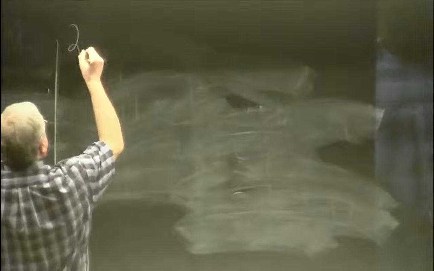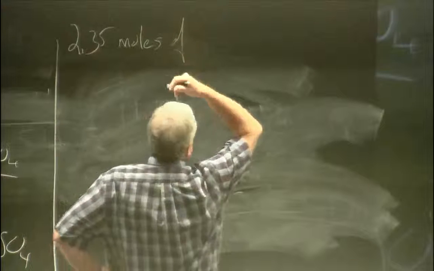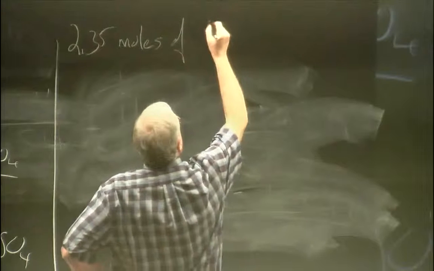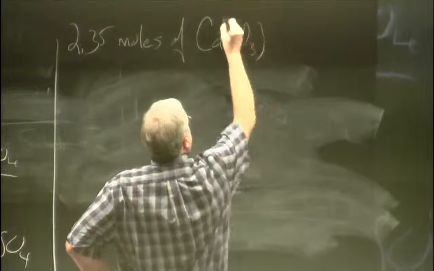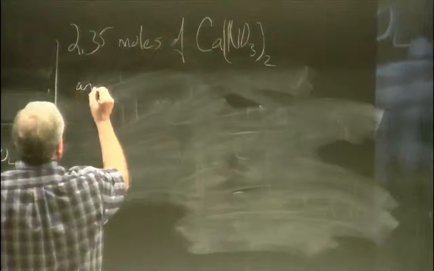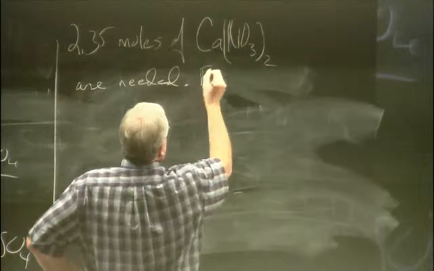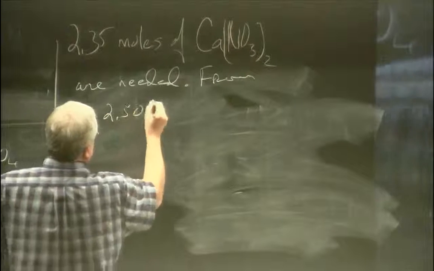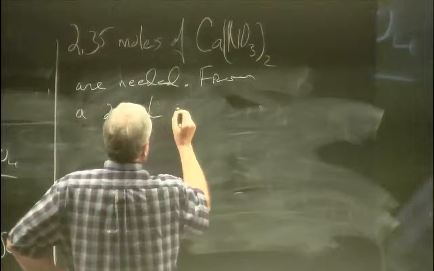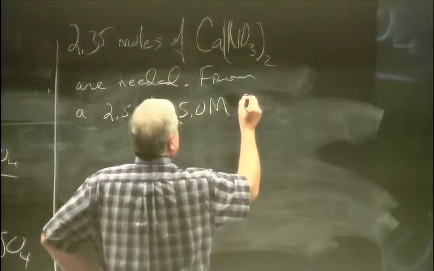So let's say, just make up a number here, 2.35 moles of, give me something here, how about calcium nitrate, are needed, let's see, from a 2.50 liter, we'll make that 5.0 molar solution of calcium nitrate.